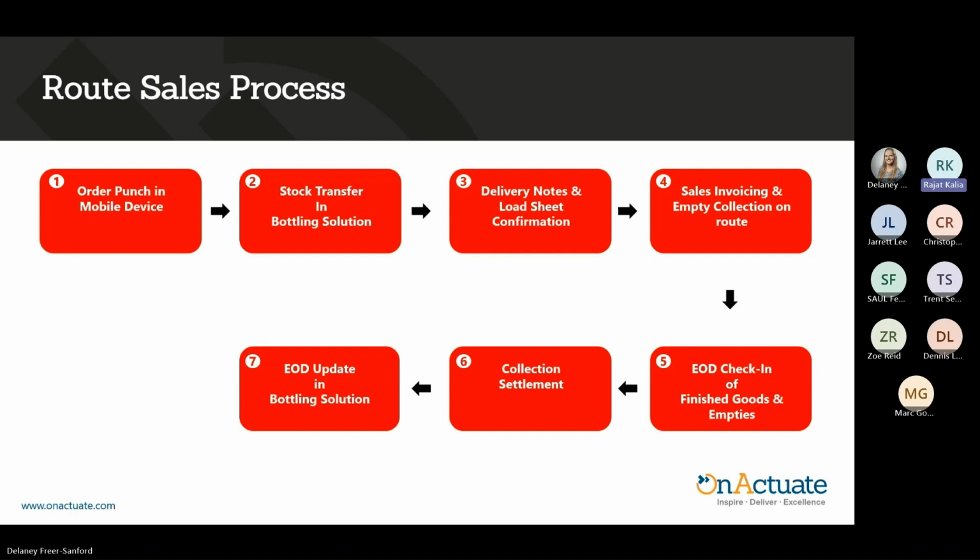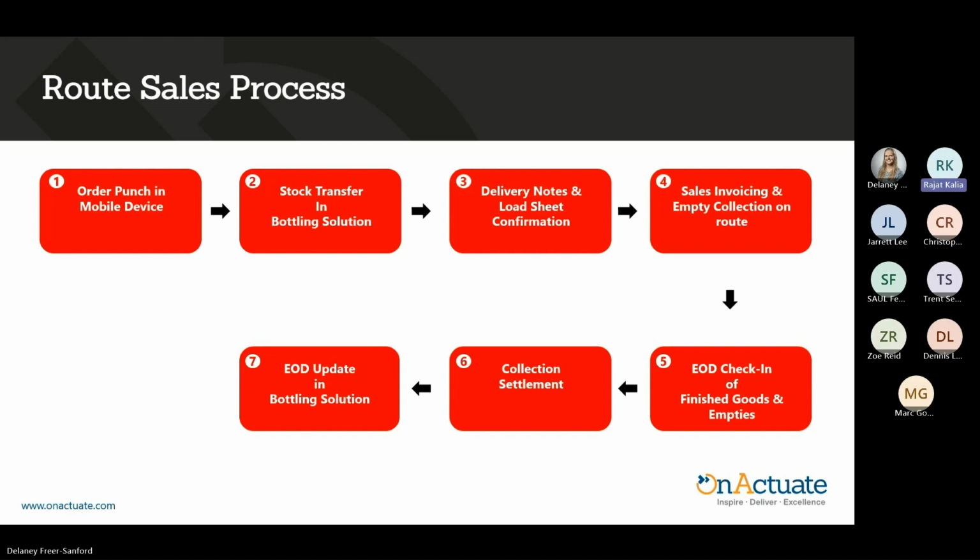John receives the delivery note and load sheet on his mobile device, which provides all the necessary details for the day's deliveries. He confirms the load sheet, ensuring that everything is available for a smooth delivery process.